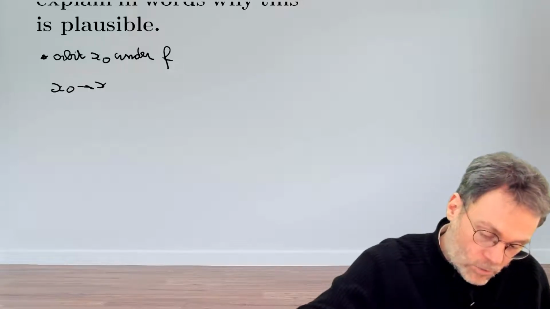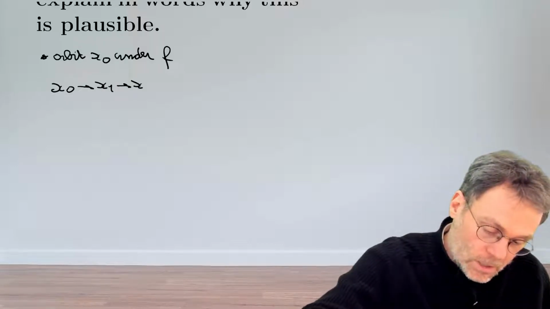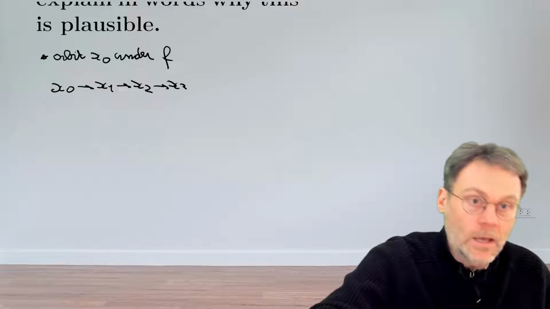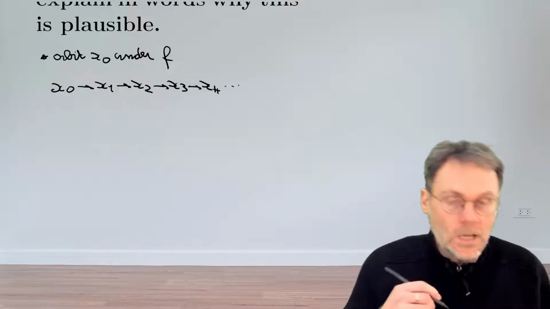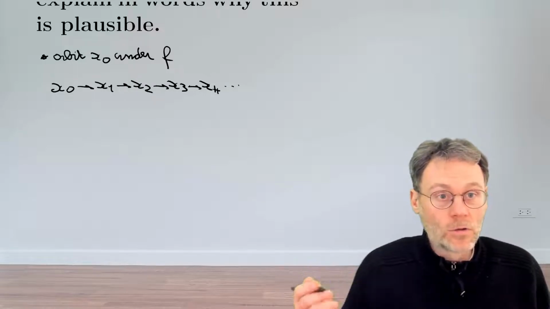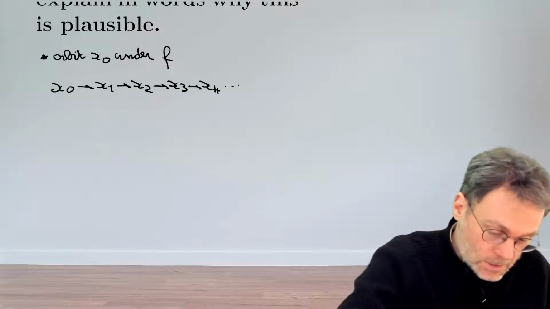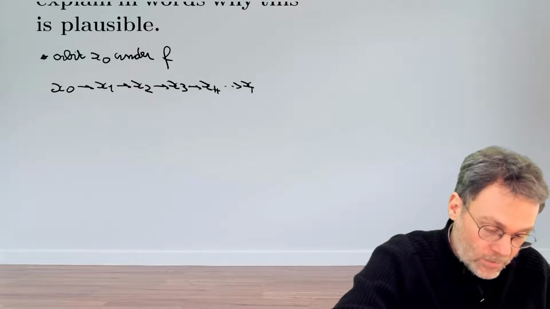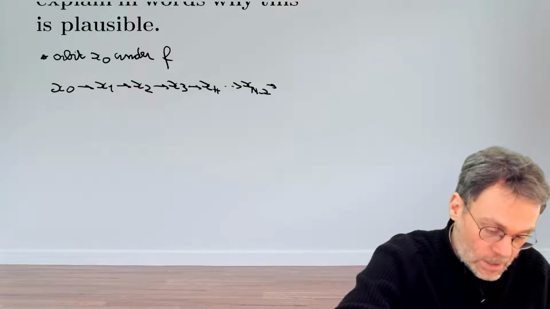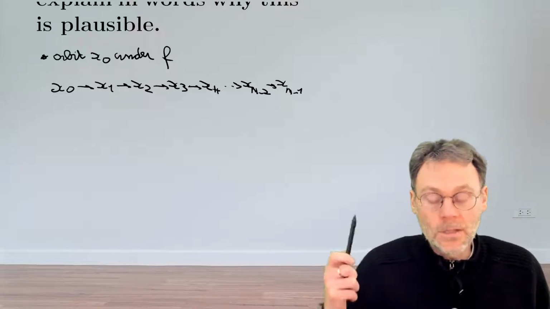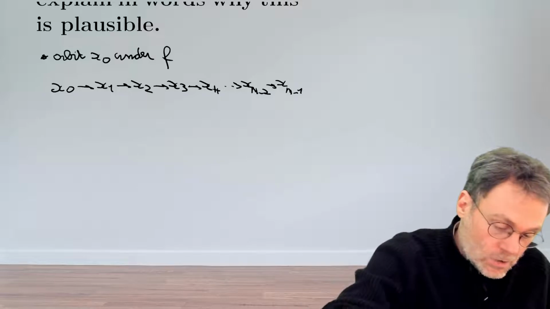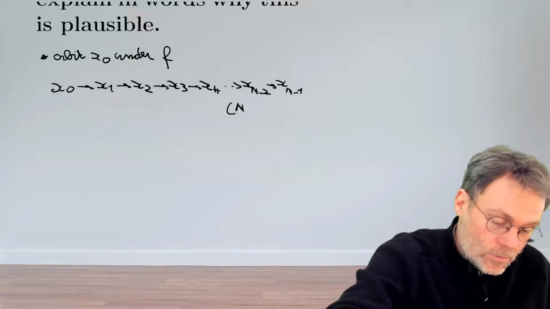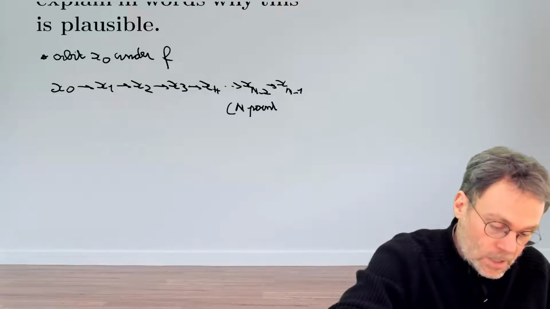If we apply the map once, we have x1 and then x2, x3, x4. So let's say we keep going until we have n total number of terms in this series here. So then we have xn minus 2, and then the last one is xn minus 1. And since we start at x0, this basically gives us here n number of points that we consider in our orbit.